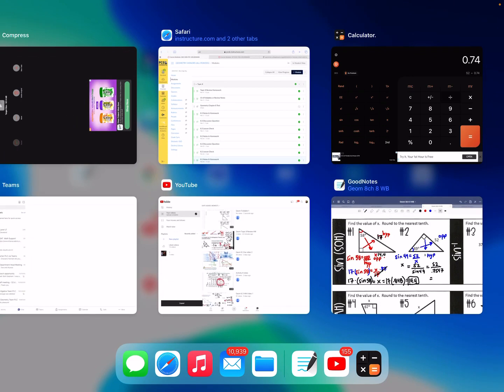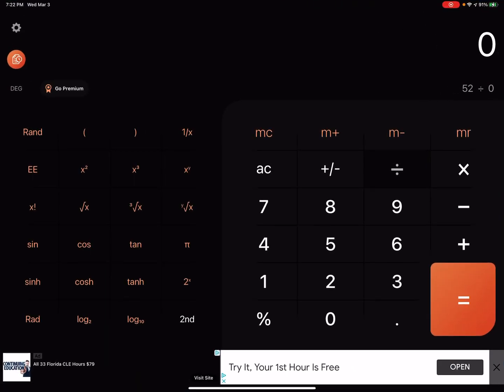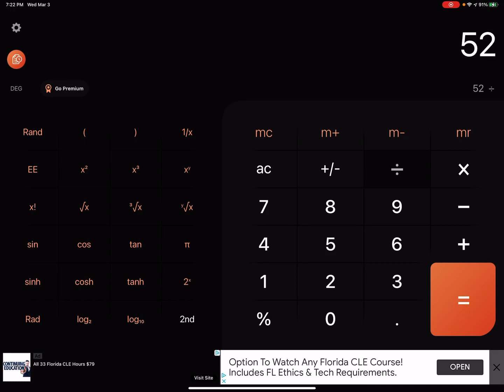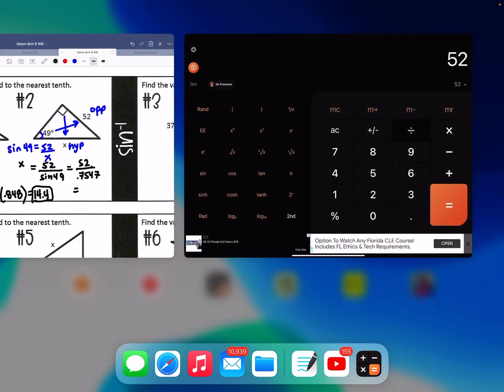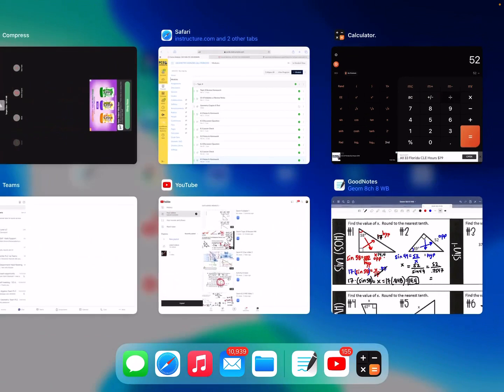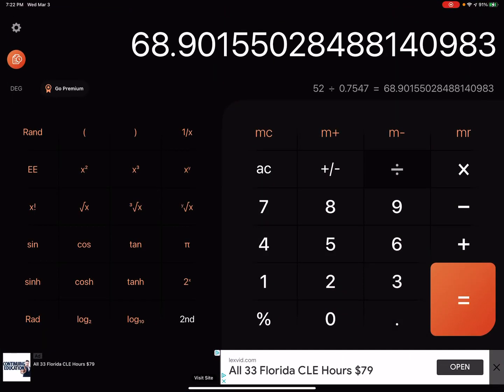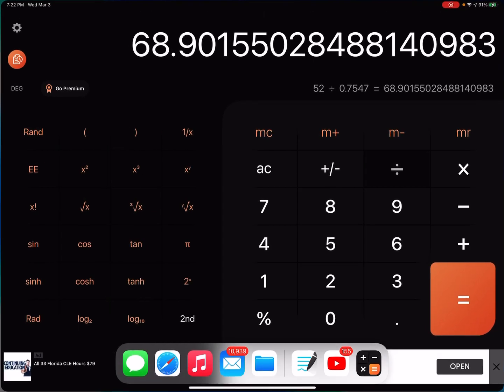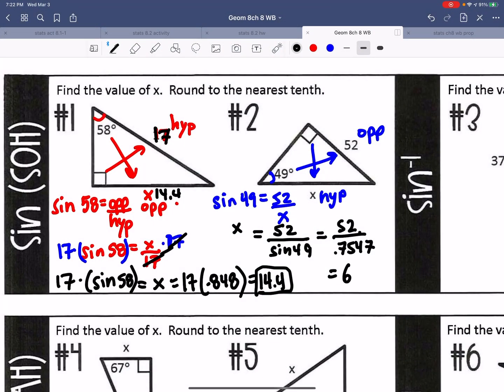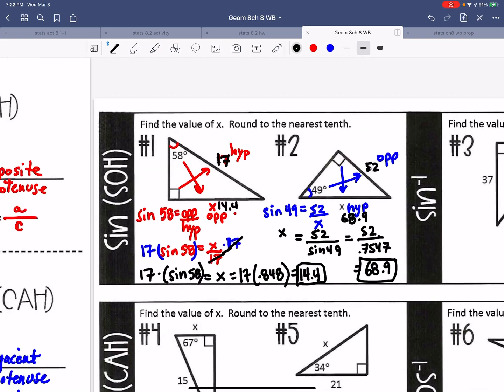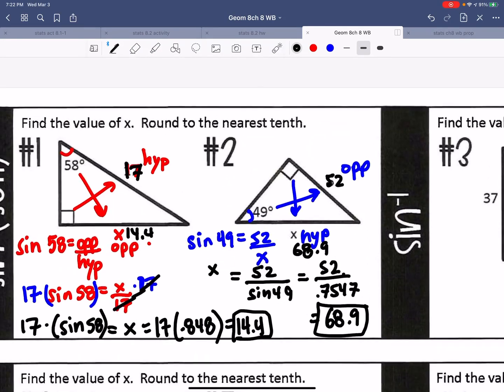I messed that up. 52 divided by 0.7547. All right, and I got 68.9. Now we plug that in and we ask ourselves, does that make sense? Well, yeah. The hypotenuse is the longest side, and it's a little bit longer than 52.